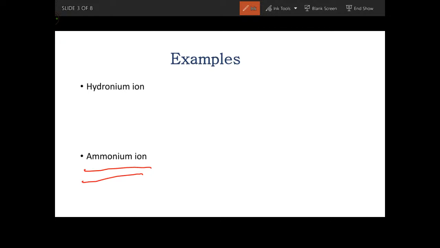Next is the ammonium ion. If I have to show the ammonium ion, we can do it in the same way. NH3 is ammonia, and in the same way it takes an H plus ion. Every time you have an H plus ion. Previously it was water, here it is ammonia. Now here also I am going to show you the same thing.